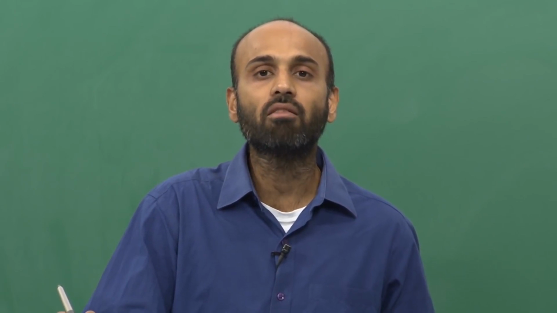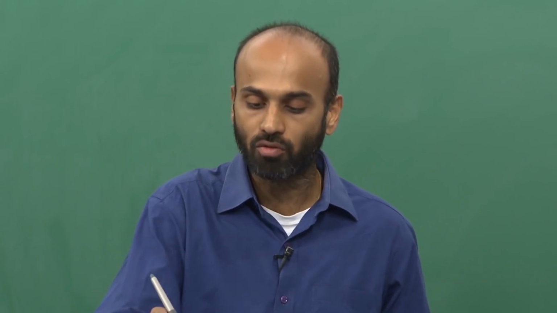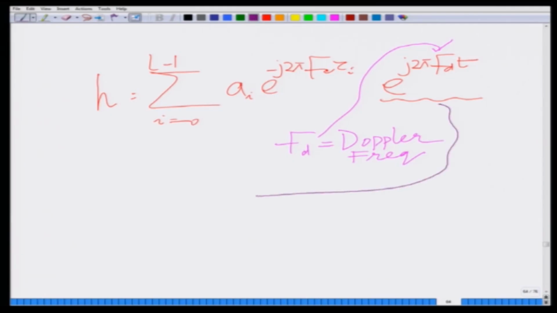It is varying with time. Thus, as a result of this, observe that this factor e to the power of j 2 pi f d t is changing with respect to time.